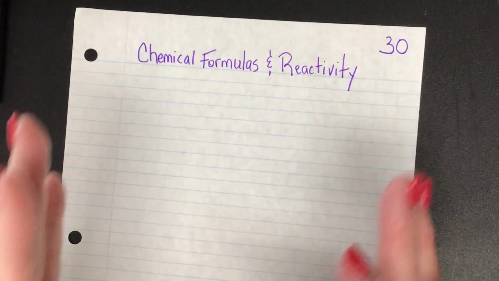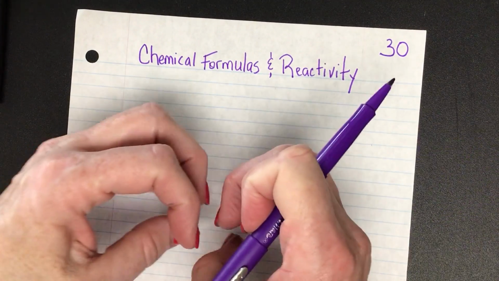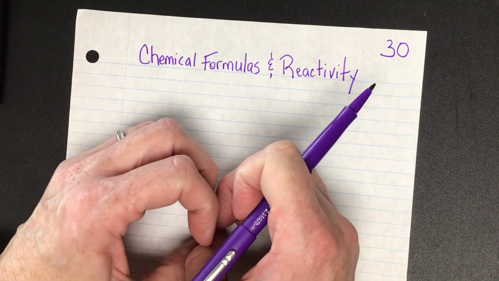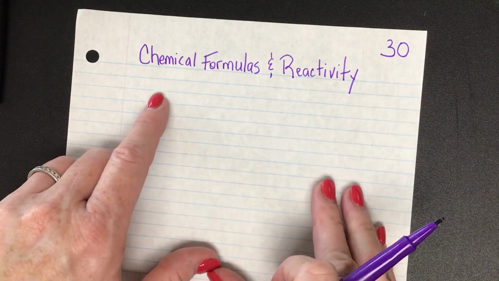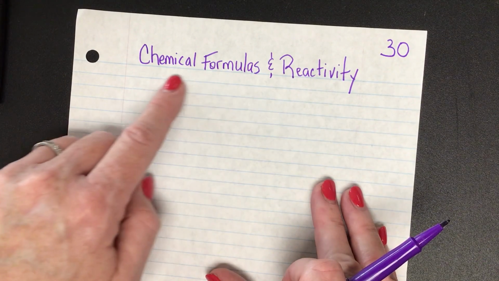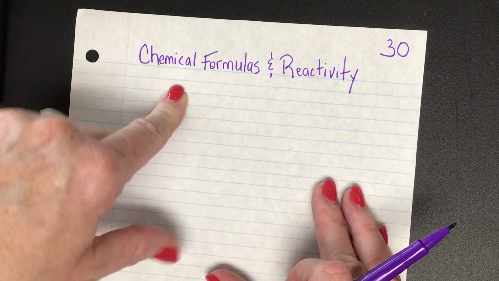It's because these elements are making bonds that we get molecules or compounds, and like you did in the warm-up, we write chemical formulas to show these bonds.